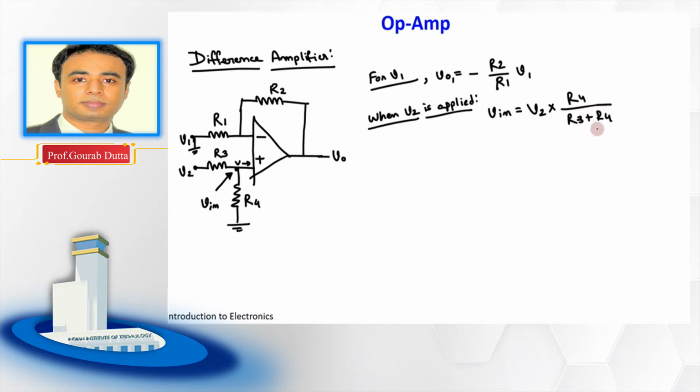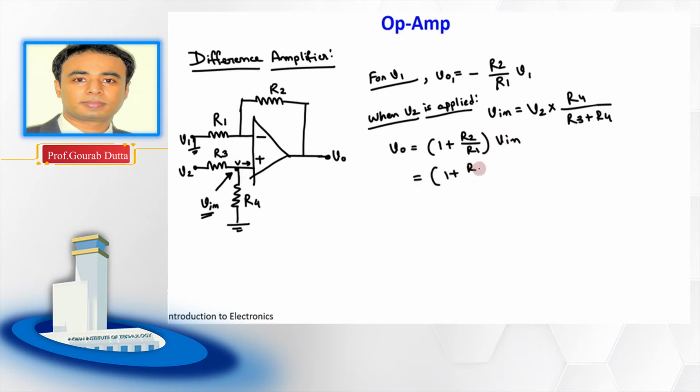Right. Because now if you ground it and you have applied this one, and here the input is this V in, right, then obviously we can find the output voltage V out. Then what will be the output voltage V out? This is a non-inverting amplifier, so the gain will be 1 plus R2 by R1, into the input. What is the input here? It is nothing but this V in, right?